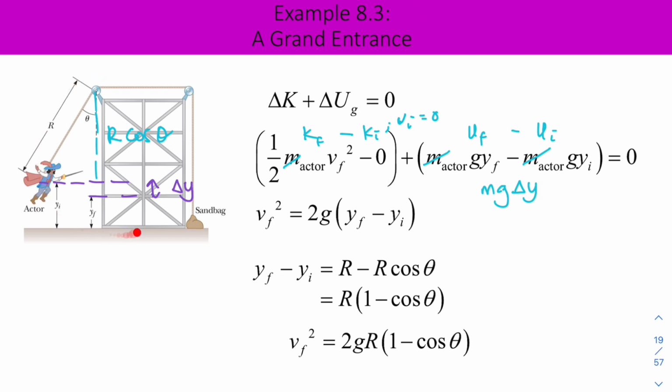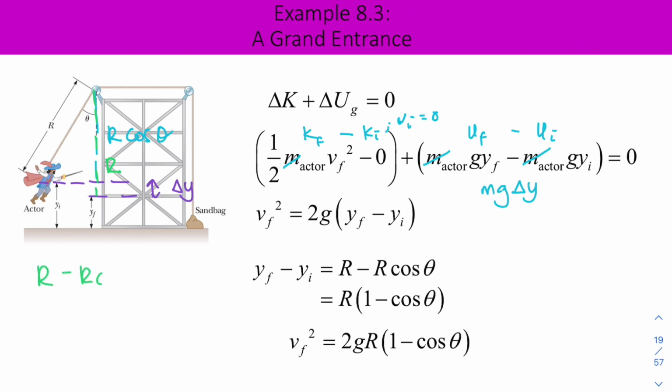Based on this trigonometry diagram here, we can see that delta y, the height difference between y final and y initial, is equivalent also to r minus r cos theta. What is r? We can transfer the information that r is here, up to this. The green color here is r.